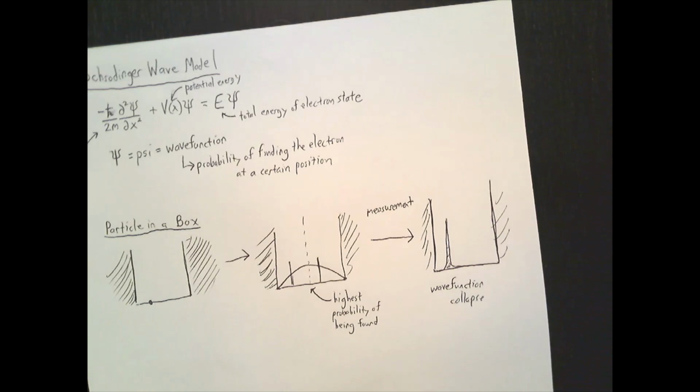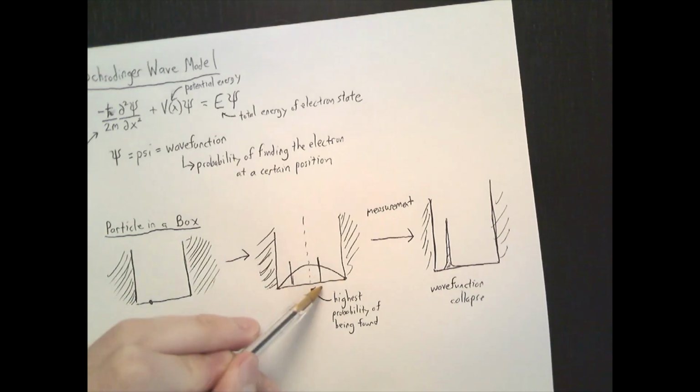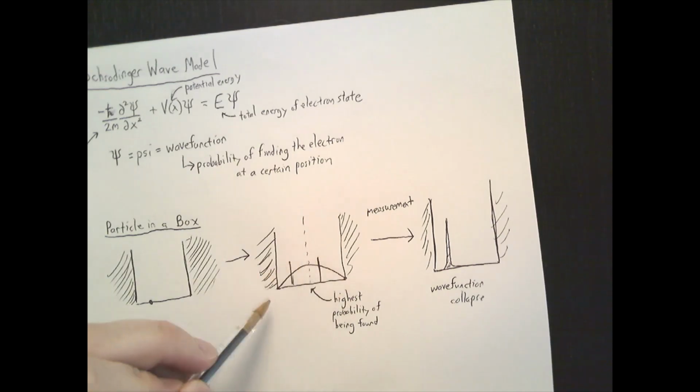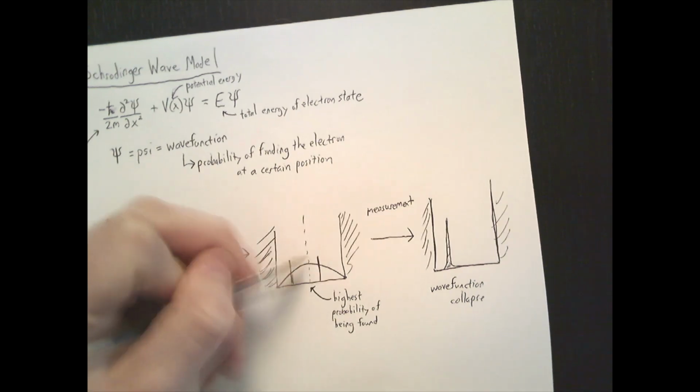Now, when I make this measurement, the particle could be here or here. Based on the probability of being there will be sort of where you end up measuring it. So if we had like a million identical situations, each little well is the same, and we measured where the particle was in each one, most of the time we would find the particle dead at the center.